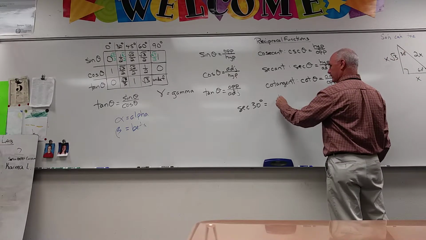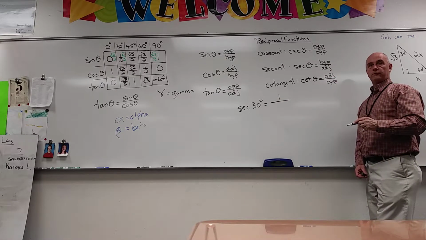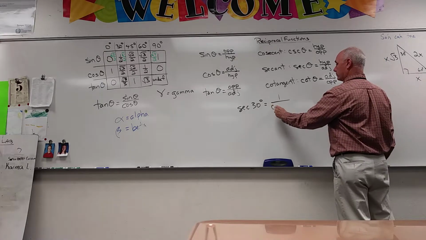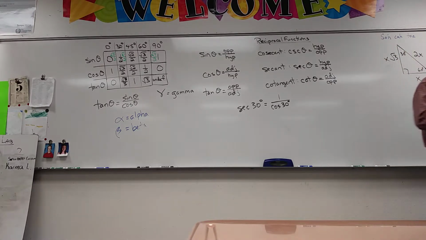We can write reciprocal as 1 over, but it's the reciprocal of what? Cosine of 30 degrees. Now, we wrote it as 1 over cosine of 30 degrees.